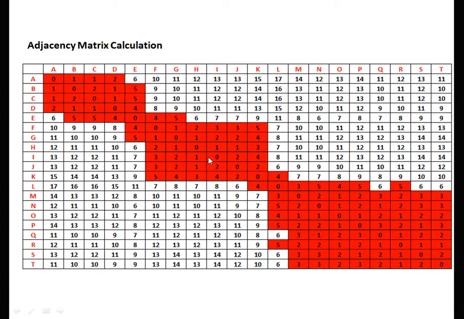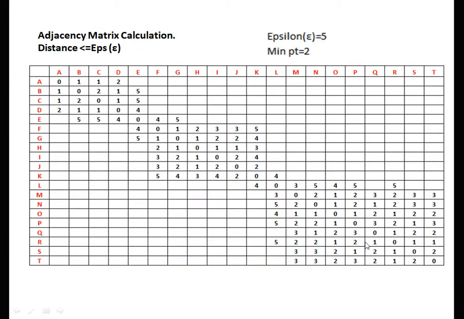All the points which are at a distance of 0 to 5 are highlighted, and all other points are greater than 5 and they are not highlighted. When we run the algorithm, we have to consider only those points which are at a distance of up to 5 mm, because our epsilon is 5 and minimum 2 points are required to create a cluster.